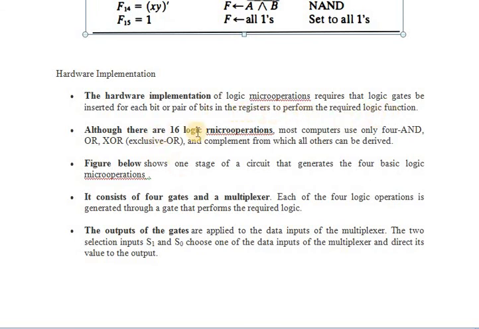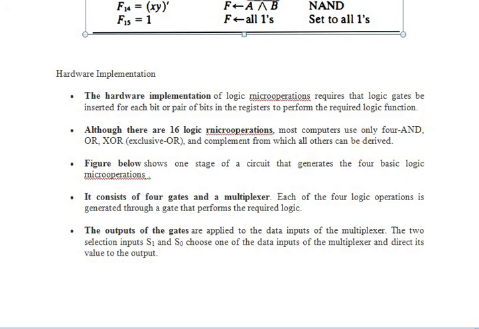Although there are 16 logic micro operations, most computers use only 4: AND, OR, XOR (exclusive OR), and complement, from which the others can be derived. By using these 4 micro operations, we can derive those 16 logic operations.